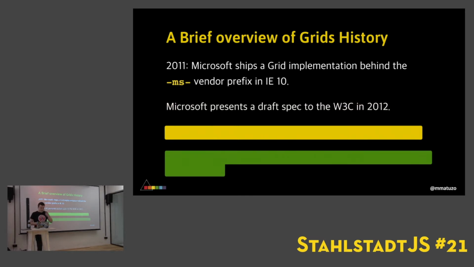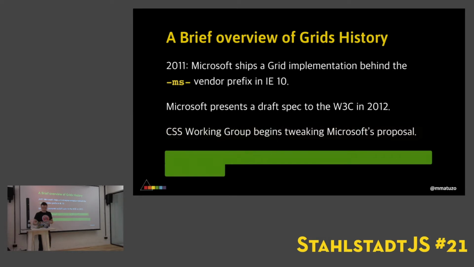One year later, Microsoft presented the first draft of their specification to the W3C, and the W3C liked it. So the CSS working group took Microsoft's proposal and some ideas from the older ones, from the frame-based layout module and the advanced layout module, and they put things together for a whole new specification with superpowers.